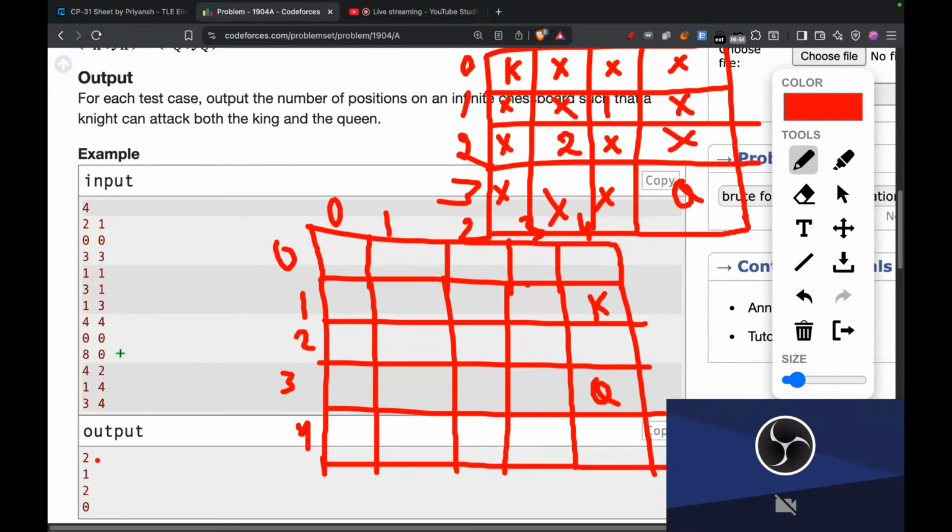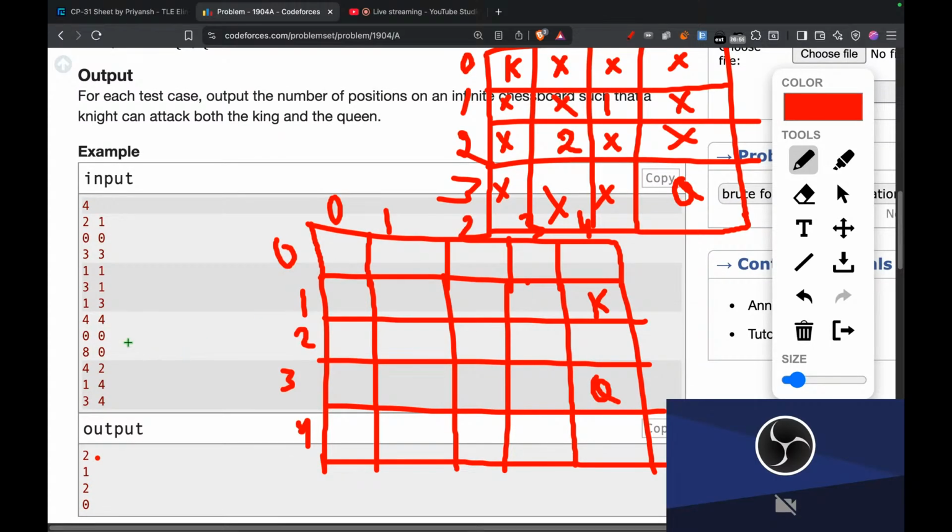Okay, let's check this. 4, 2. 1, 2, 3, 4, and 1, 2. So not possible. Not possible.